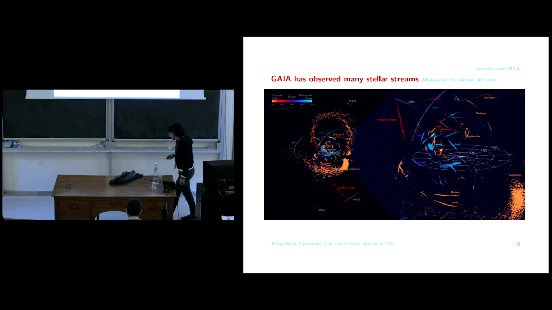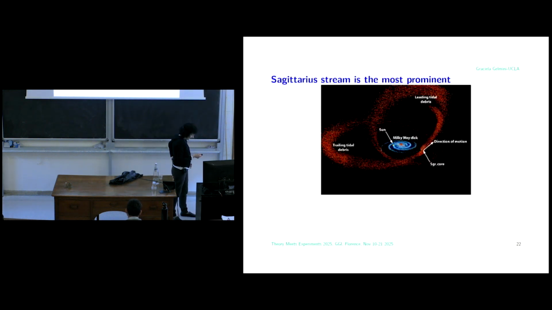And there is an uncertainty in how much dark matter is in each of these streams. A large uncertainty, actually. So this is what is called the leading trail and the trailing trail. The leading trail, you see, does not go very far from the Sun.